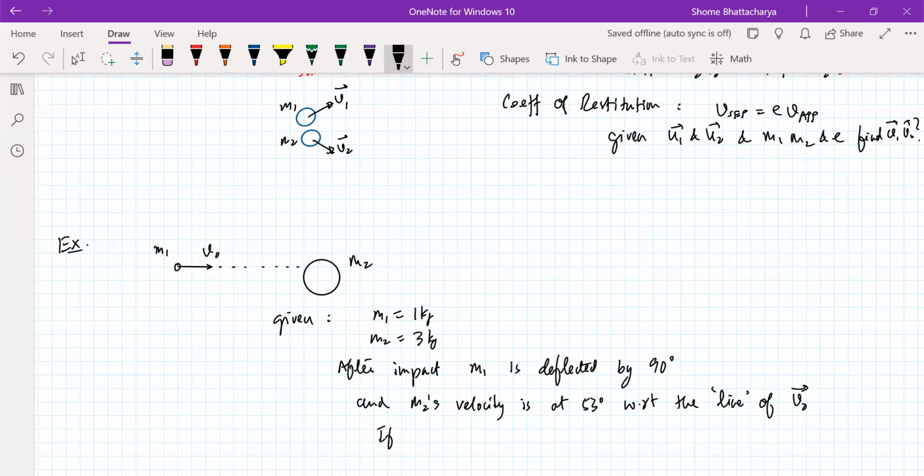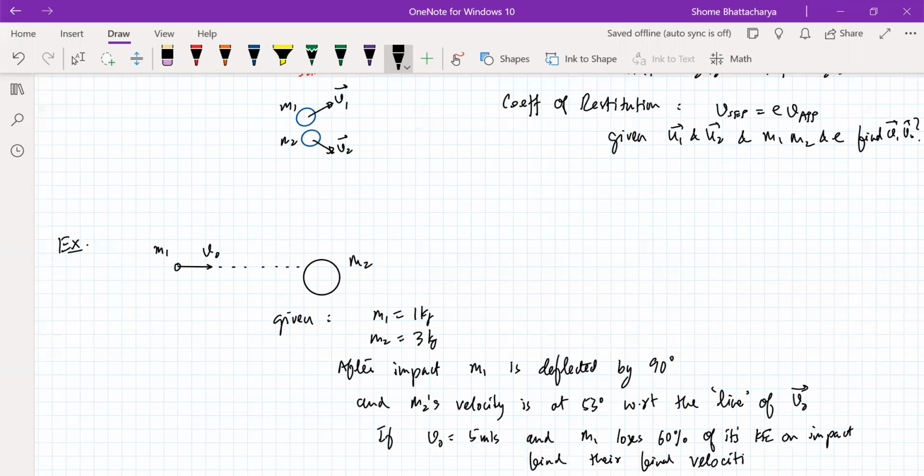So if v naught is equal to 5 meters per second and m1 loses 60% of its kinetic energy, so you want to find their final velocities.